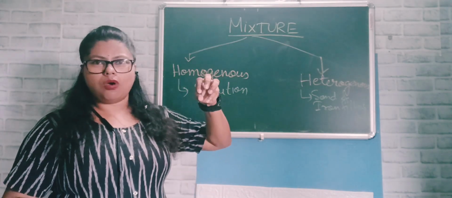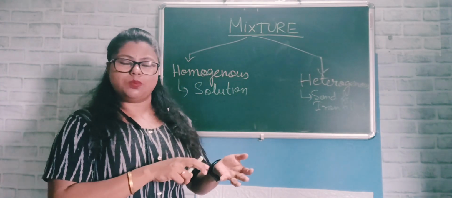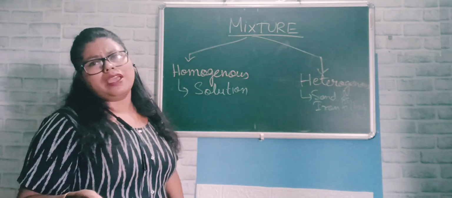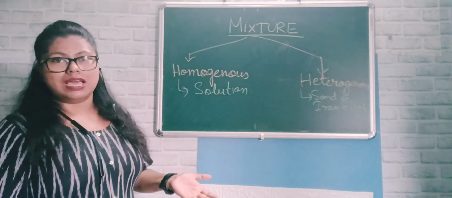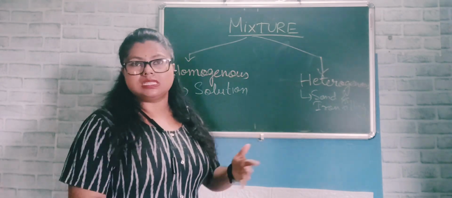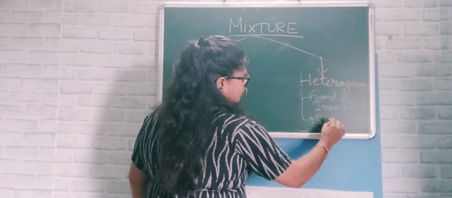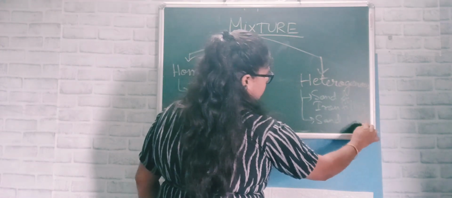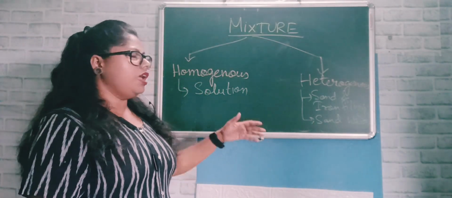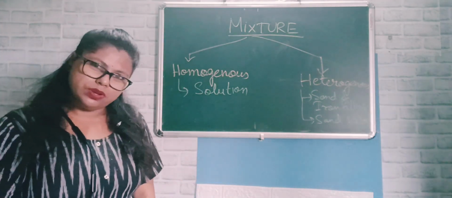If you take one portion of this mixture, you might find that the portion of sand is more, whereas if you take another portion, maybe iron filings are more than sand. So here the substances are not uniformly distributed. Now if you also take sand in water, here sand will never dissolve in it and hence we will not find a uniform mixture. But in a homogeneous mixture we always find a uniform mixture.